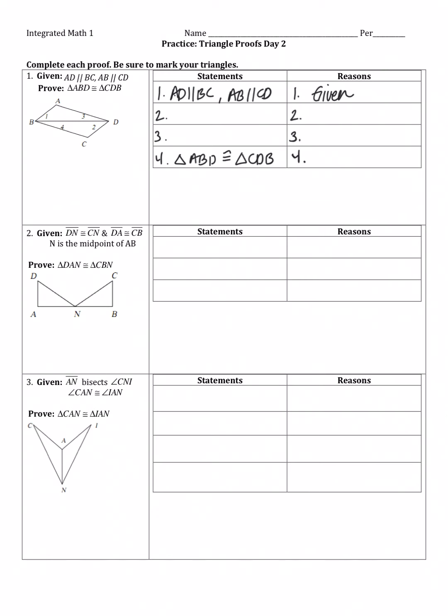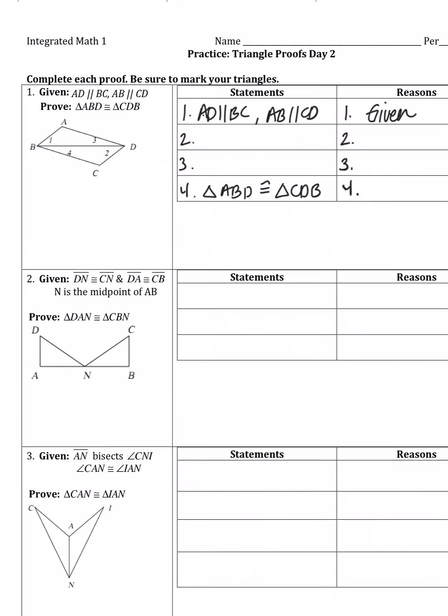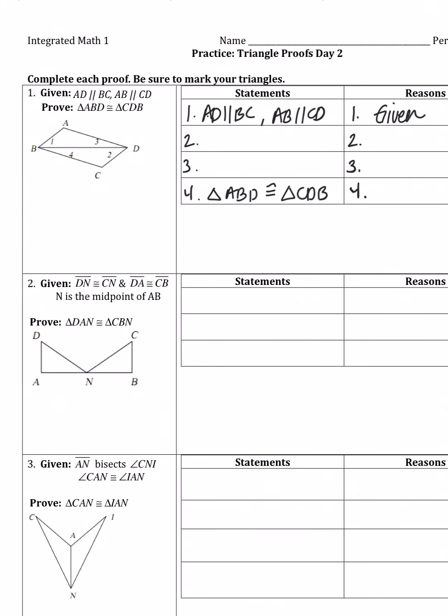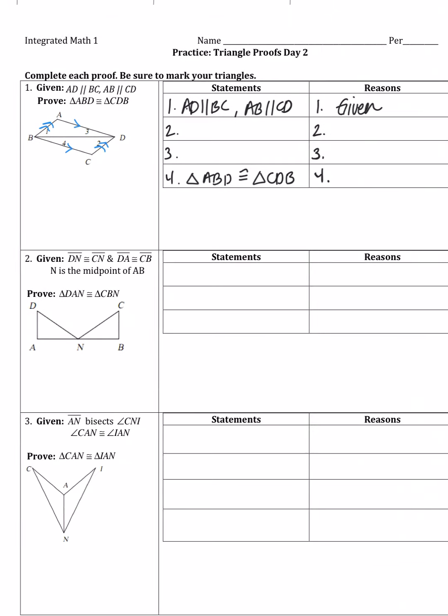So we can do a couple together. I wrote that given information. Okay, AD is parallel to BC, so I'm going to mark that. And AB is parallel to CD. Okay, that's all I have. So now I'm going to look at my 3 pieces of information that I'm allowed to mark.